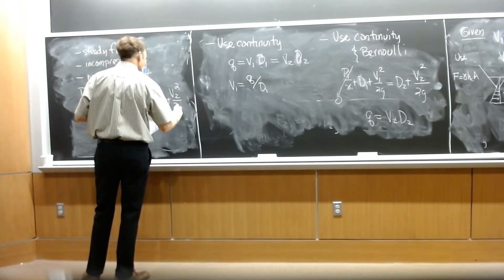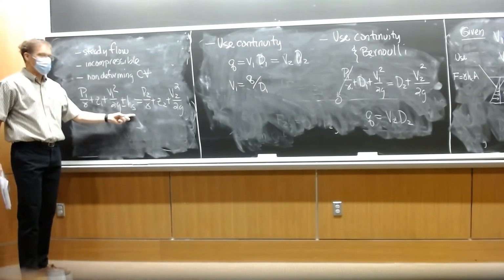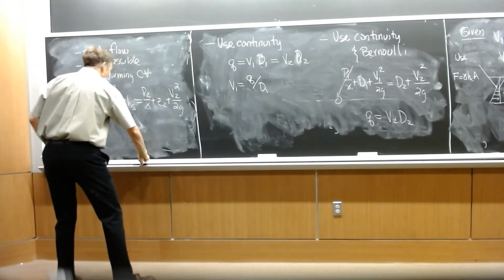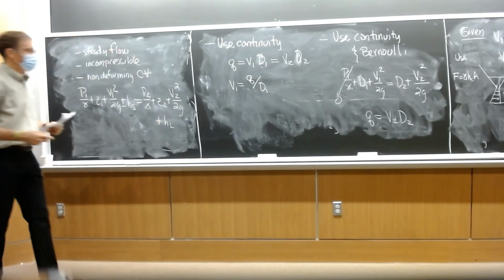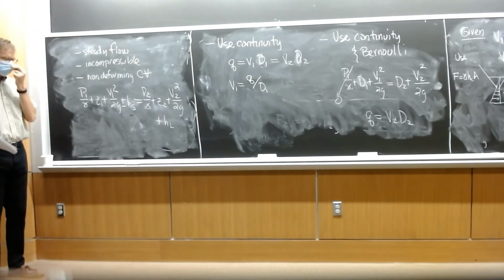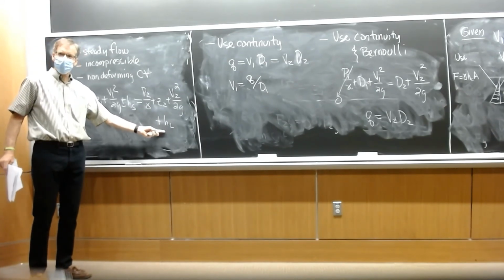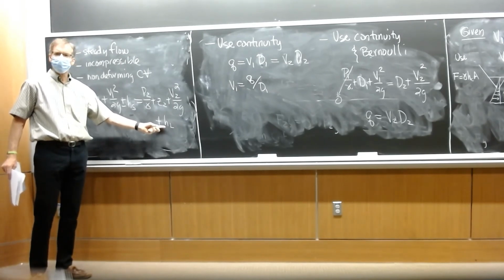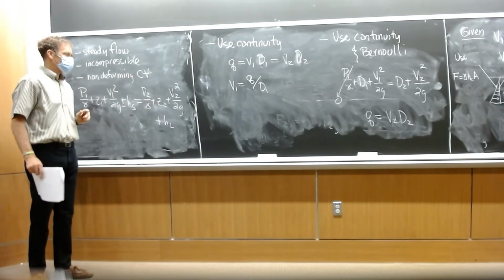I said that this term, this shaft energy, can be added if it's a pump or subtracted if it's a turbine, but that on the right-hand side, there's always this head loss term. In our use of the Bernoulli equation so far, we've often just neglected that. But in general, we're not going to neglect it. To do the problems now, we have to be told what the head losses are. There are also some problems where you can use upstream and downstream characteristics to calculate the head loss.